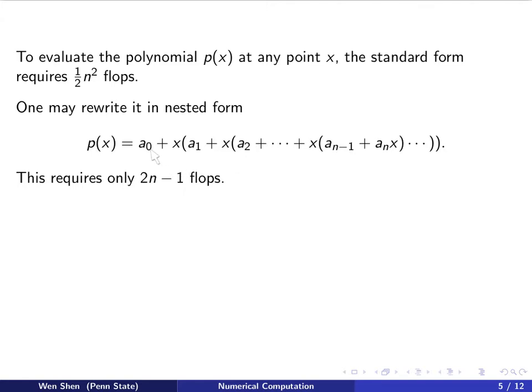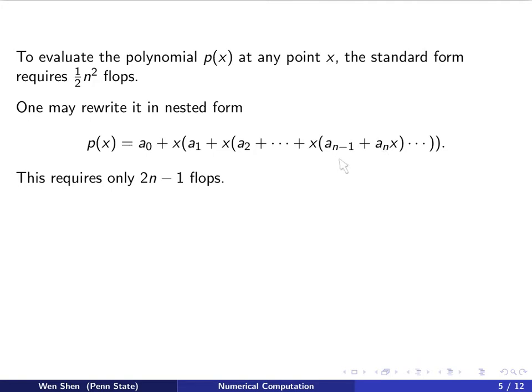So we take out a_0, then all the remaining terms would have a factor x, then we take it out, then we have a polynomial with a constant term a_1. If we take that out, then the remaining one still would have x as a factor, and then we take that out. And we keep going until we reach the last term containing a_n x.